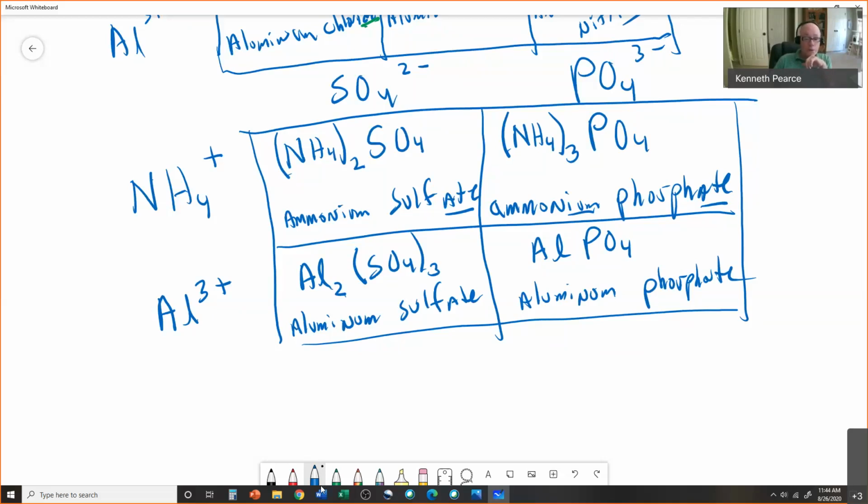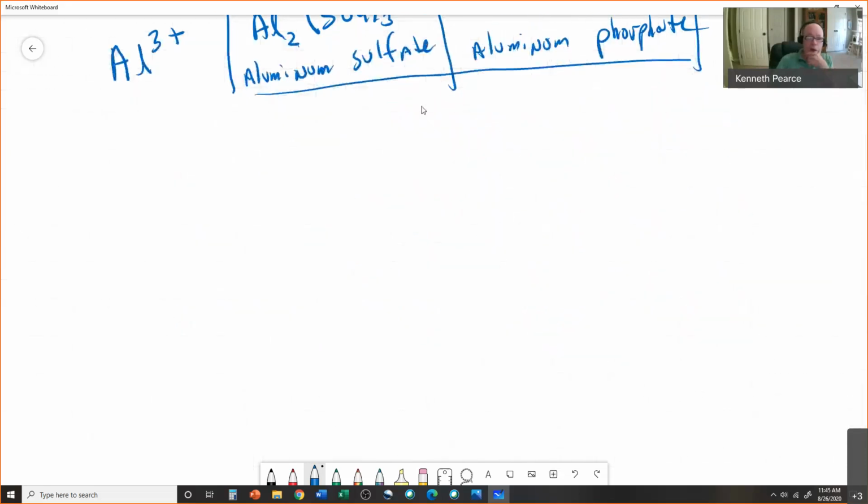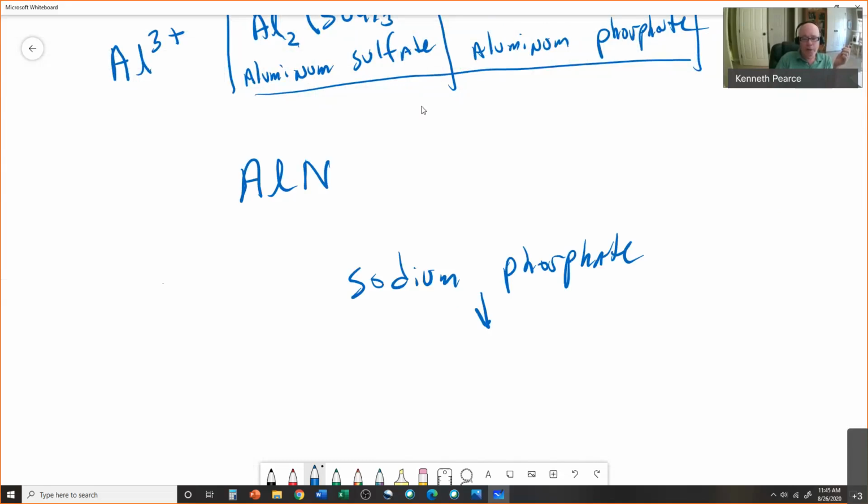And we can go in the other direction as well. If you're given something, when we're going in the other direction, you have to know the charges to be able to figure out what you have. And so if we had aluminum with a nitrogen, that would be aluminum nitride. But let's say that you had sodium phosphate. You should be able to get the formula out of this.